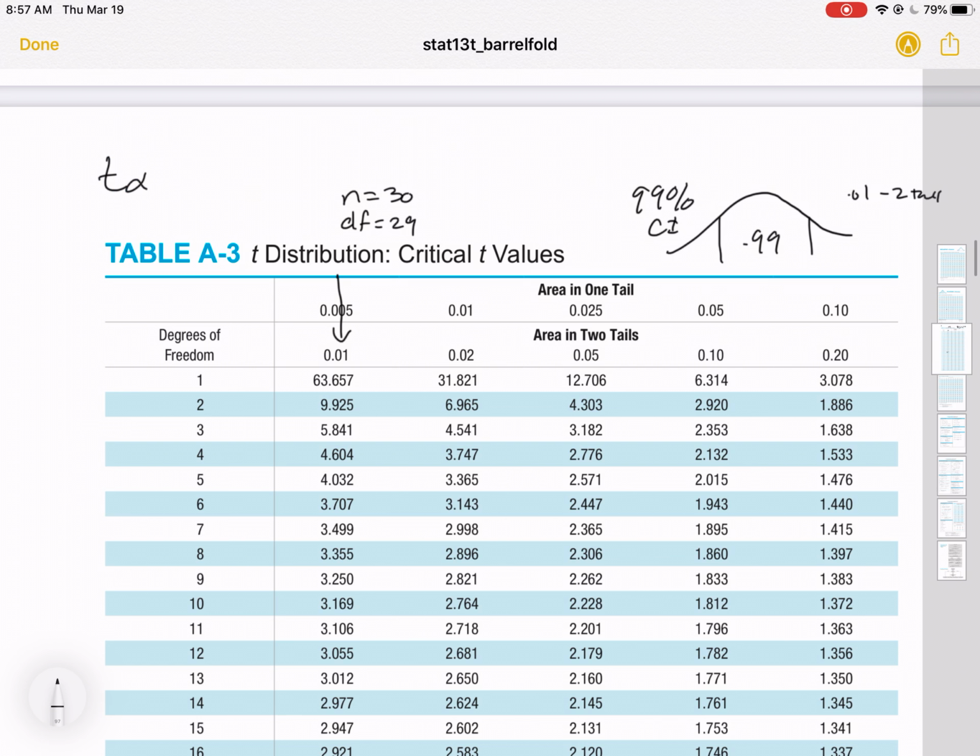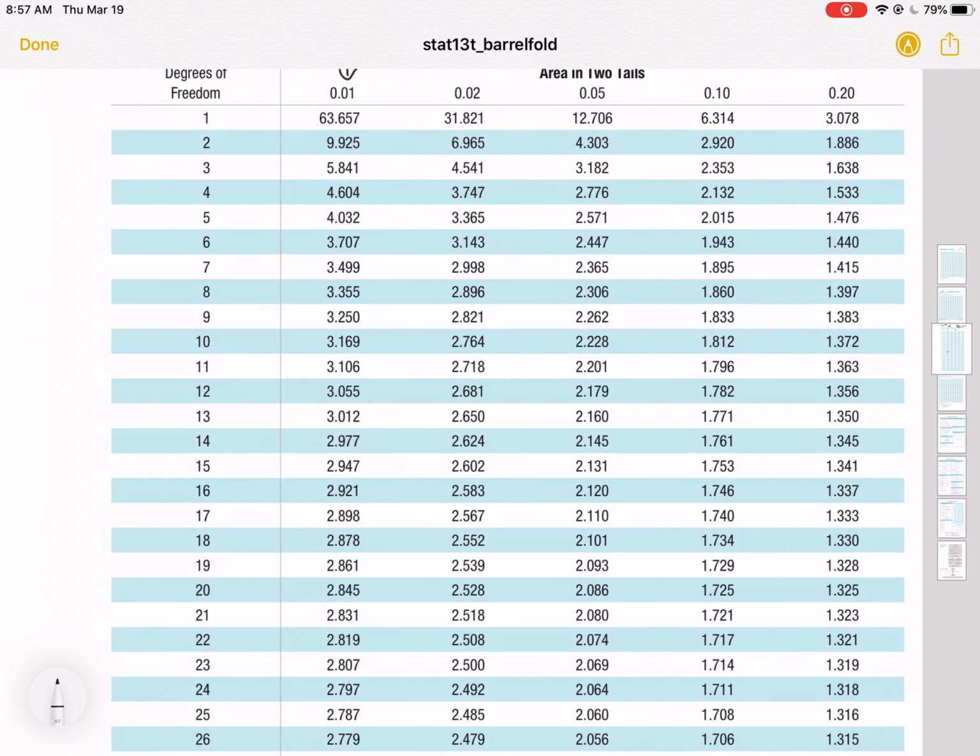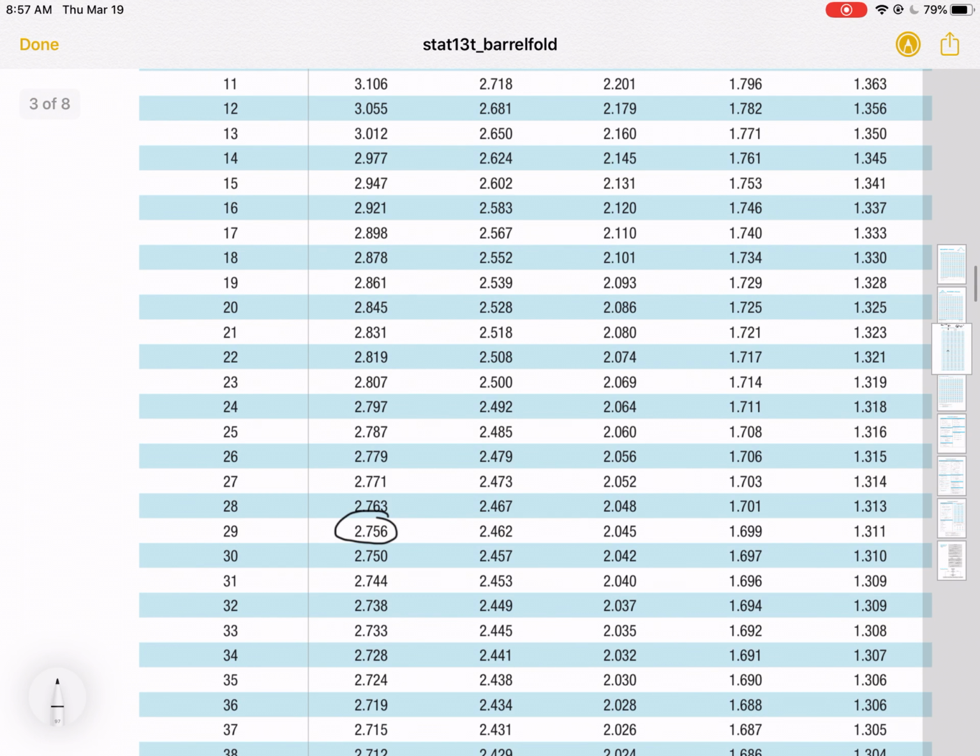So t alpha over 2 would be 2.756 if I had a sample size of 30 and a desired 99% confidence interval. So that's the number that I would use in my problem. You'll see that demonstrated as we look at an example together or as you look at the examples in the book. But you simply use the chart to narrow into the values.